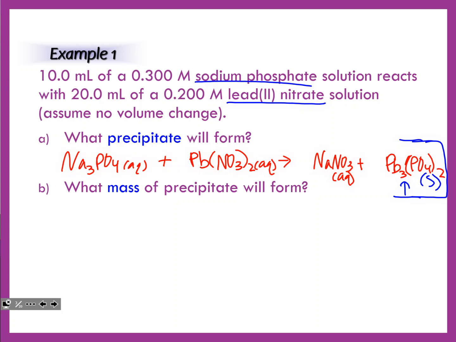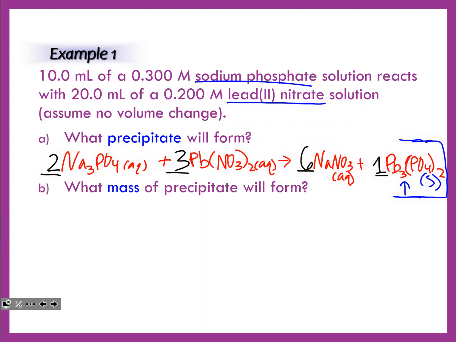What do I put here? 3. And what do I put here? 2, and that means this gets a 1, and this is an understood 1. You don't have to write the 1, but I'm just going to write it in there. Very good. We have that balanced now.